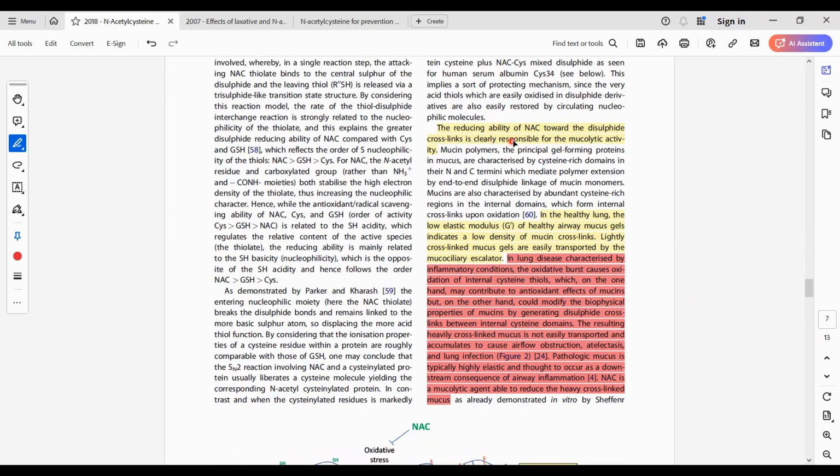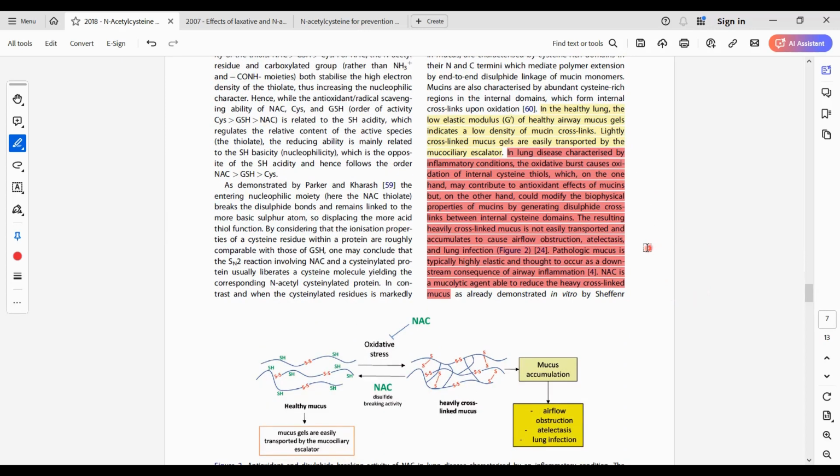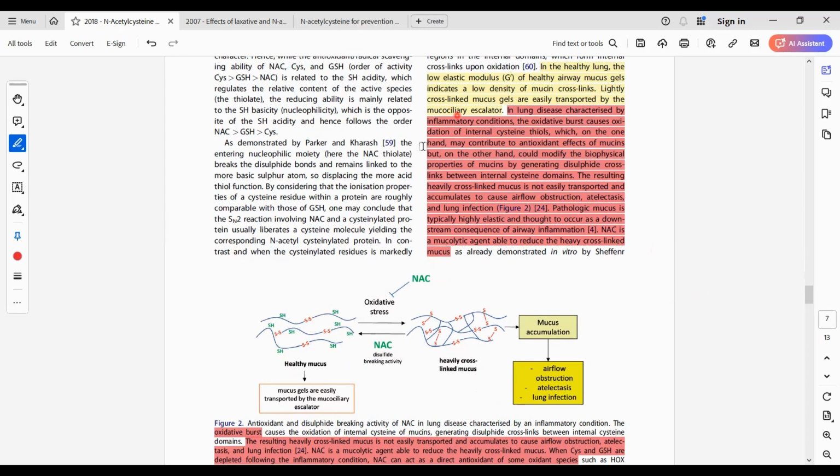So here, the reducing ability of NAC toward the disulfide crosslinks is clearly responsible for its mucolytic activity. In a healthy lung, so I want to get this picture on the screen here. In the healthy lung, which is over here, the low elastic modulus of healthy airway mucus indicates a low density of mucin crosslinks.